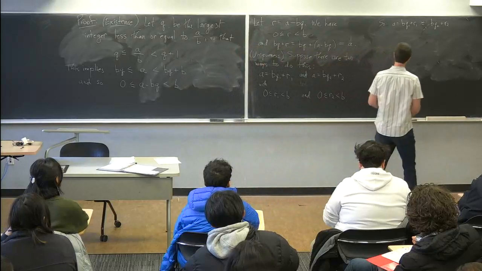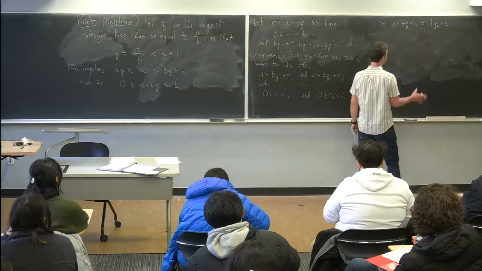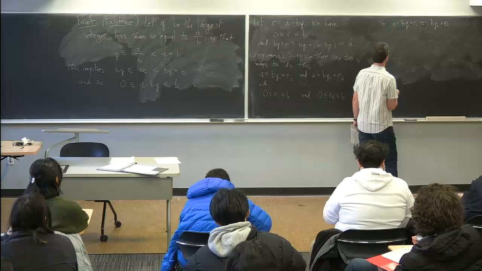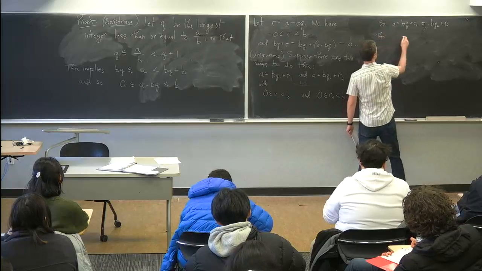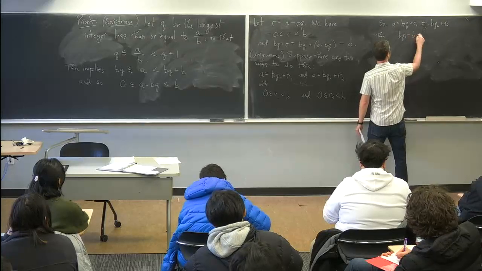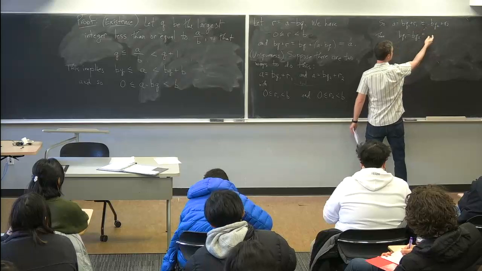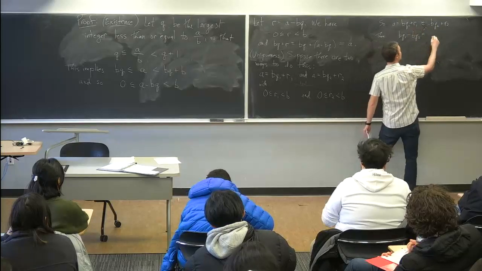The one sensible thing to do here is to group the quotients on one side and the remainders on the other. So you could write this as bq1 minus bq2, subtracting this term from both sides, and then subtracting r1 from both sides.